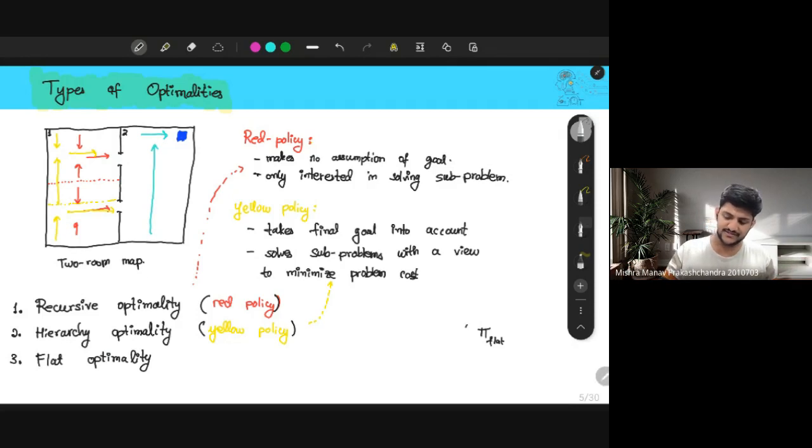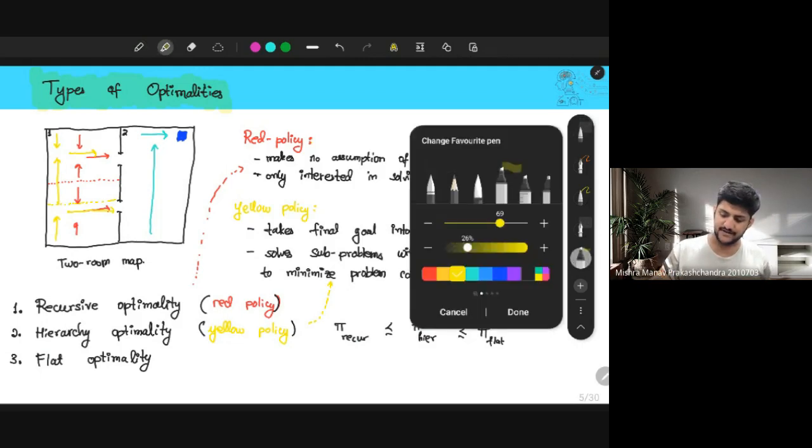So this solution is always better with an equal to sign with the pi hierarchy, right? Which is the solution that is trying to respect the hierarchy while trying to optimize the go to goal condition. And that in turn is greater than the recursive optimality. Okay, so let me color it in blue.